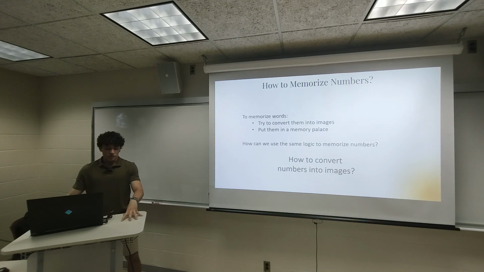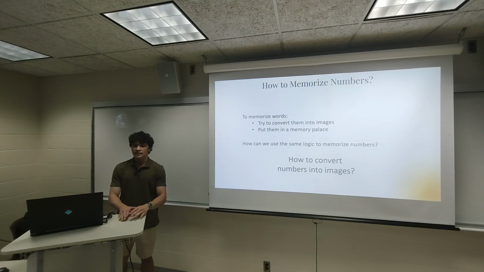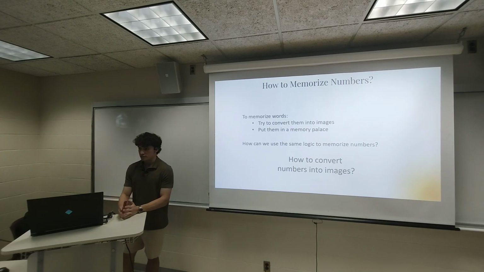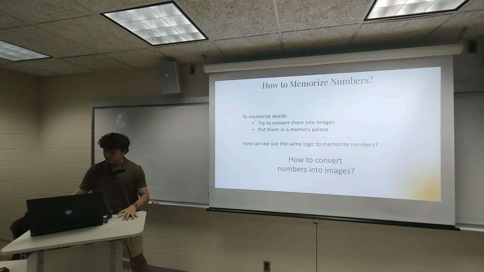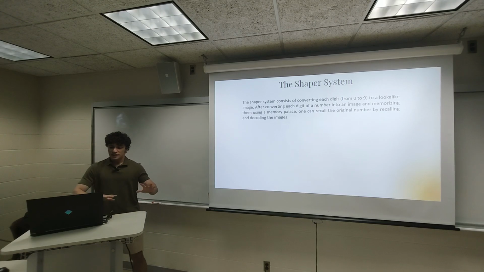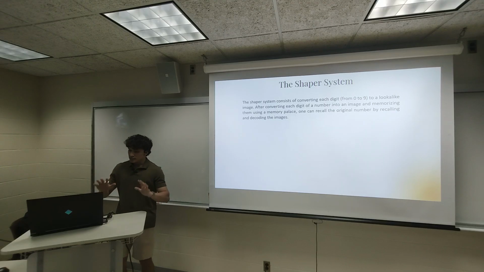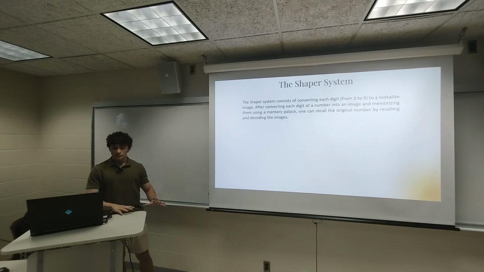So I'm going to teach first a very simple system, which is called the shaper system. And then we're going to cover the major system, which is the real deal. So the shaper system is an introductory system for us to get used to this idea. The shaper system consists of converting each digit from 0 to 9 to a lookalike image.